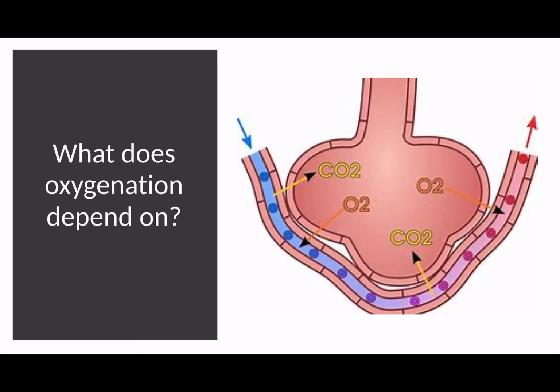Now, a question that sometimes gets asked is, when do you get oxygenation? When do you get carbon dioxide removal? And when we consider the oxygenation, if you ask a child, they'll say, when you breathe in oxygen, and then the oxygen comes, and then when you breathe out, the carbon dioxide comes out.